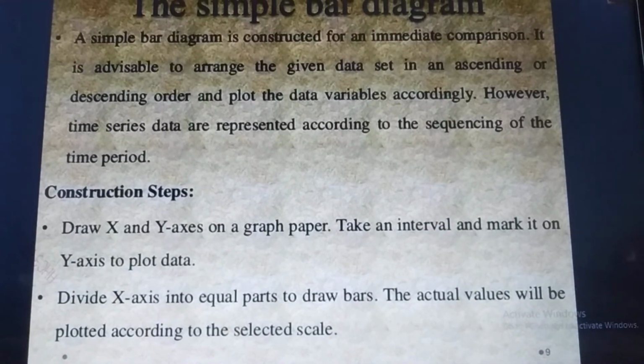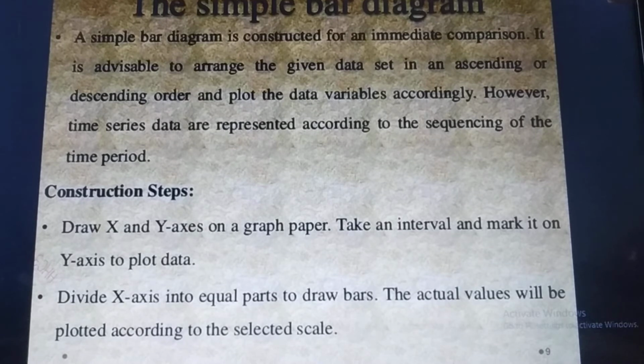The simple bar diagram. The simple bar diagram is constructed for immediate comparisons. It is advisable to arrange the given data set in ascending or descending order and plot the data variables accordingly. However, time series data are represented according to the sequencing of the time period.